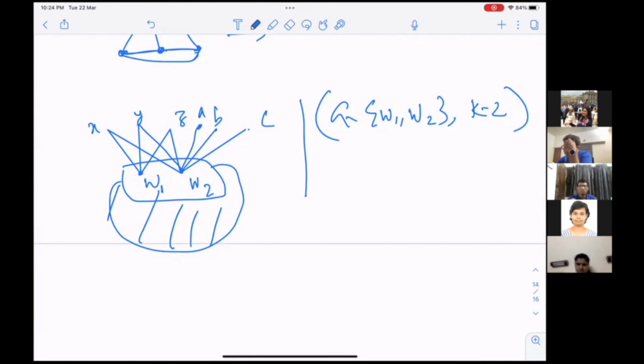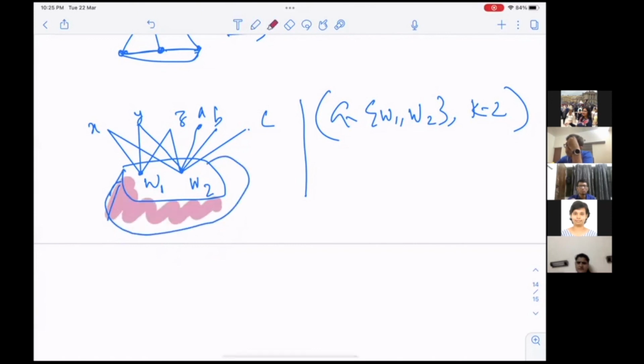He's saying something different. He's saying let's delete both W1 and W2, then the budget should decrease by 1 only, because the neighborhood of W1 is contained in the neighborhood of W2, so W2 covers all the neighbors of W1 as well.